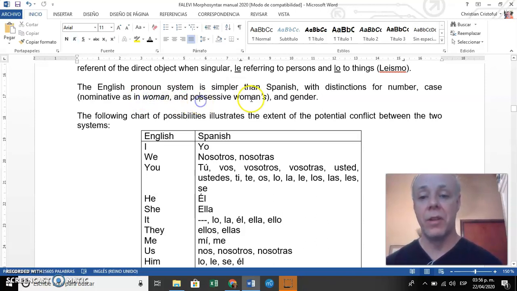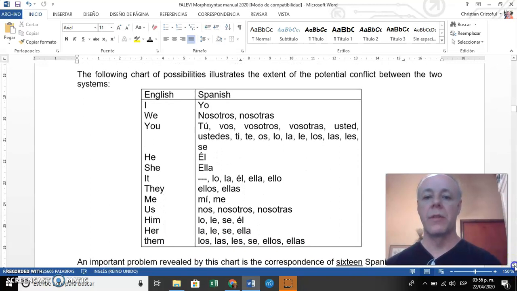And possessive, woman's. So this affix is called possessive, and it shows case. And also gender. The English pronouns with gender. Now, look at the following chart here.